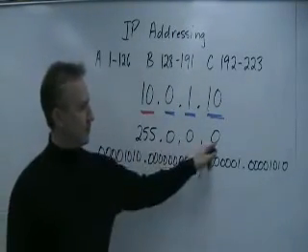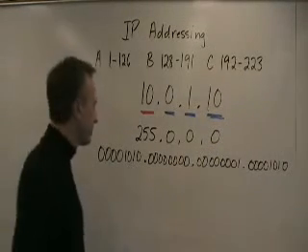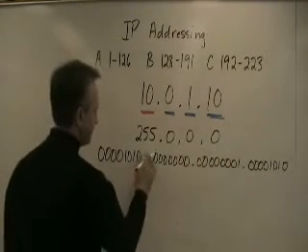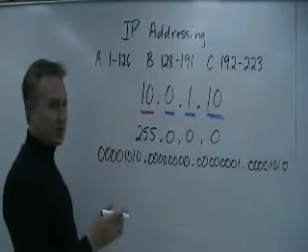And then if I write the subnetwork mask out immediately underneath it, what I see is this 255 converted to binary is 8 ones.